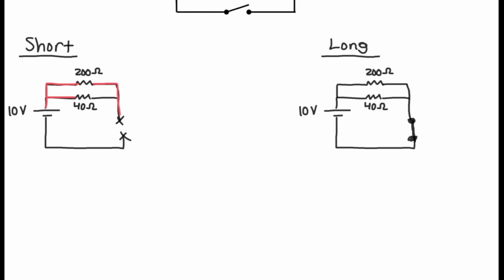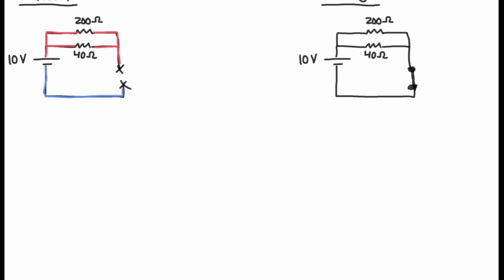So as such, we get 0 potential difference across each resistor, which means that all the potential drop has to be across the inductor. So we see that delta V across the 200 ohm is the same as the delta V across the 40 ohm, which is 0 volts.